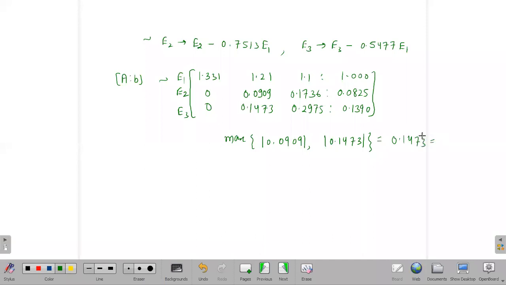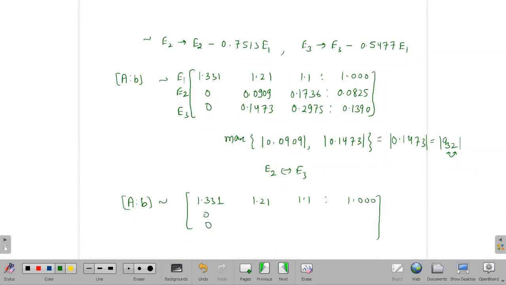So this is the number 32. So replace the second row with the third row. So you will get 1.331, 1.21, 1.1, 1.000, 0.1473.